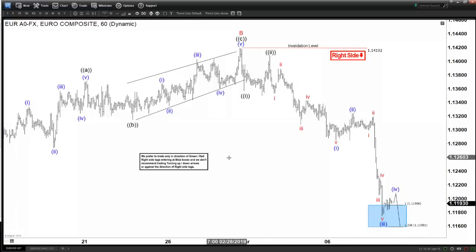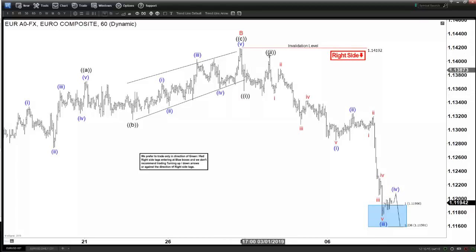Now, the current movement here, as you can see in the 60 minutes chart, favors the downside with the right side lower in the red. So that means that as far as the bounces in the shorter cycle stay below 114.20, we are looking for the euro dollar to continue to the downside. We are counting this decline as an impulse.